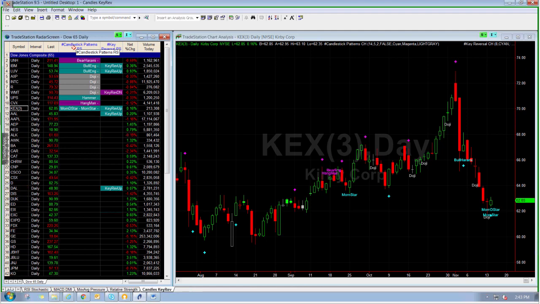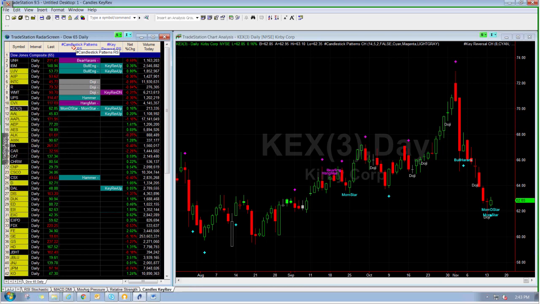This candlestick pattern scan in RadarScreen allows you to find what is the active candle pattern on the last bar of every chart for any symbol that you need at any interval that you need. So if you're an intraday trader and you're looking for 30-minute candle patterns, or you're a long-term trader looking at weekly candle patterns, this is a tool that would allow you to put all the stocks in the S&P 500 and see if any of those stocks have the particular candle pattern that you're looking for.